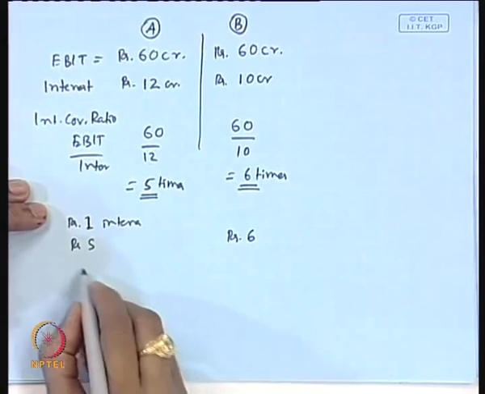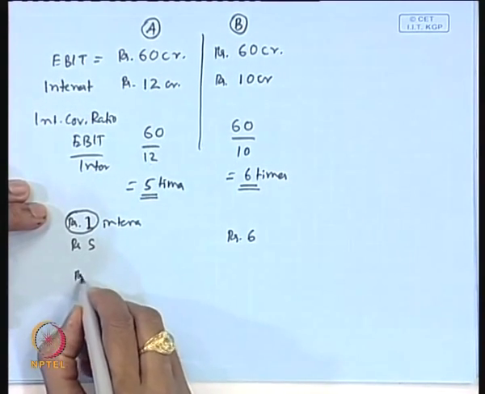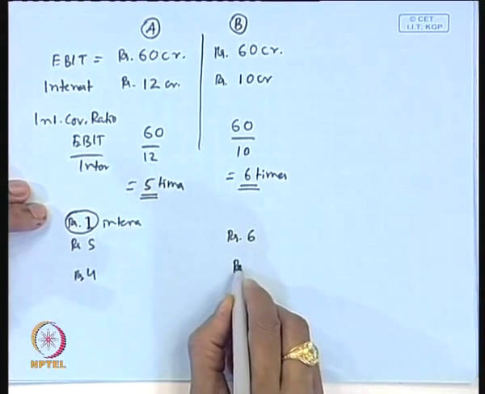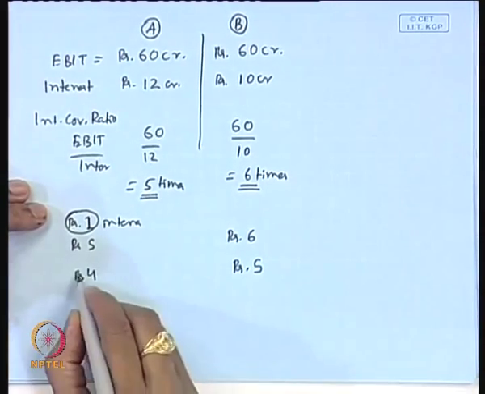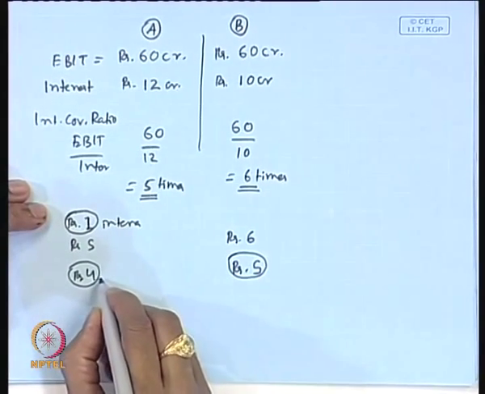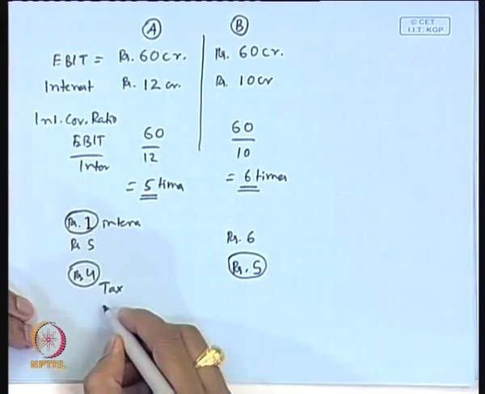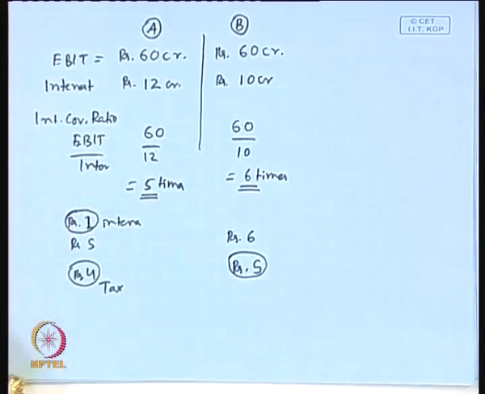After meeting the interest expense of 1 rupee, rupees 4 is left in one case, and rupees 5 in the other. This rupees 4 or rupees 5, as the case may be, will then take care of the tax, and then we find profit after tax, and then how much dividend is there. So, a higher interest coverage ratio is obviously good for the company.